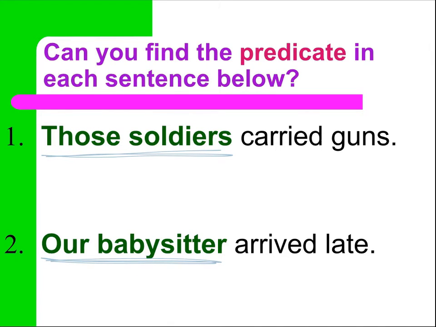Soldiers and babysitter are nouns, so they're the subjects of the sentence. In this example, what are the subjects doing? For our first sentence, those soldiers carried guns. The soldiers carried. That's the predicate. And our babysitter, what is she doing? She arrived.